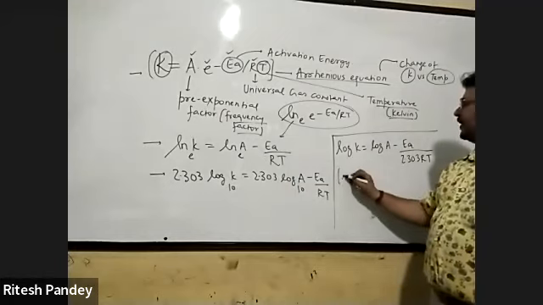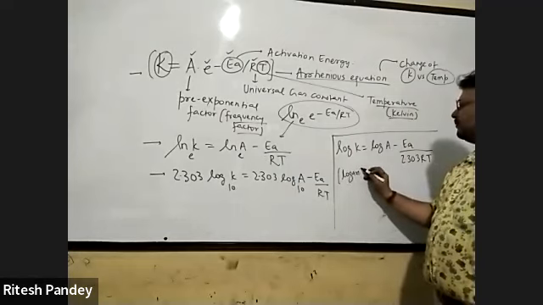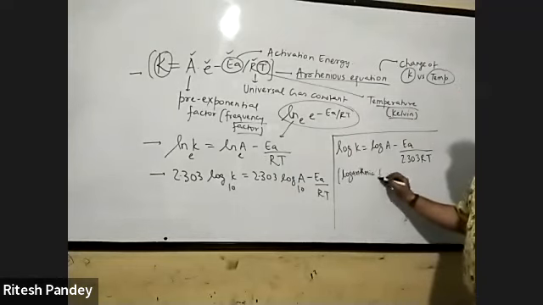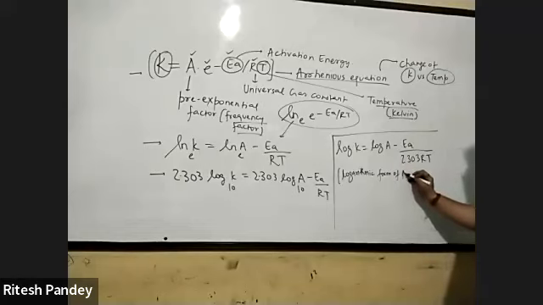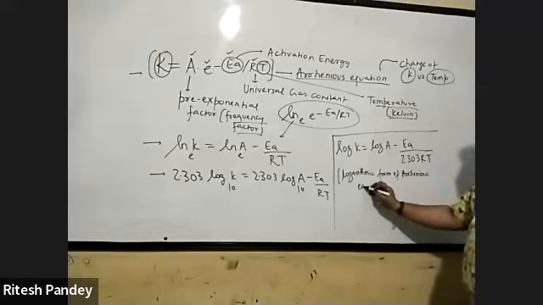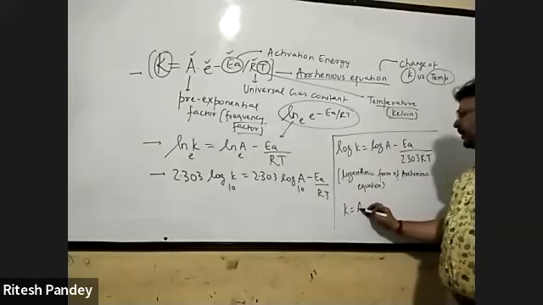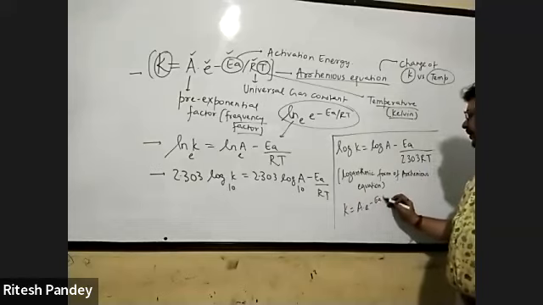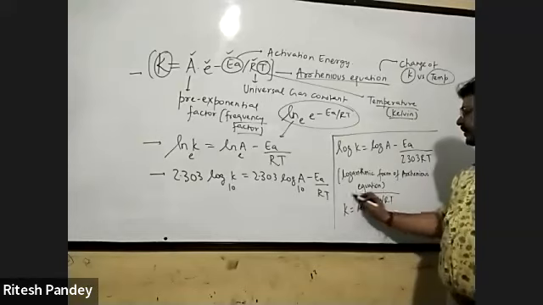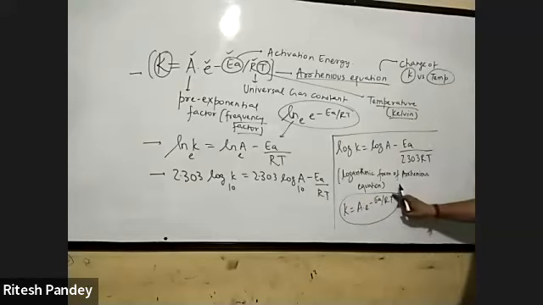Now let me call it the logarithmic form of Arrhenious equation. The crude form was k is equal to A into e to the power minus Ea by RT. I think you are understanding the journey of converting the Arrhenious equation to the logarithmic form.